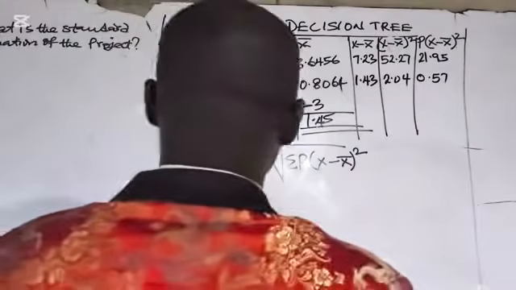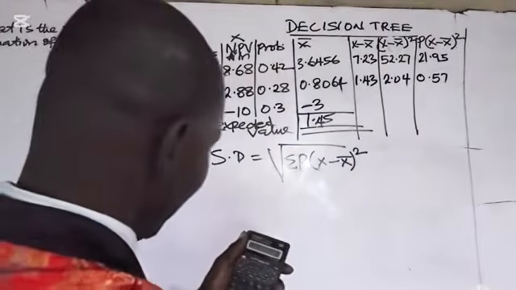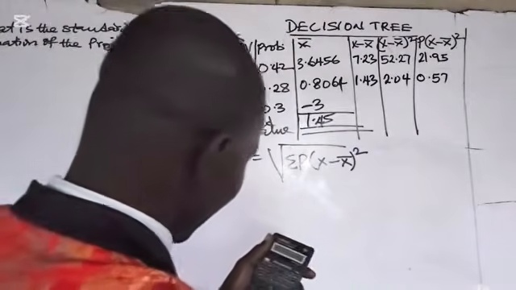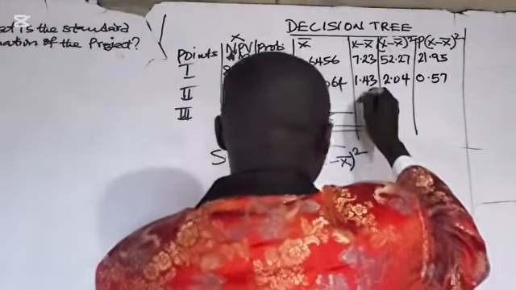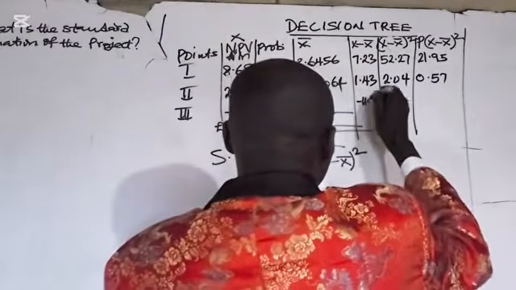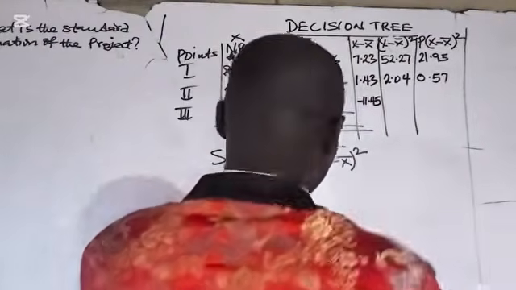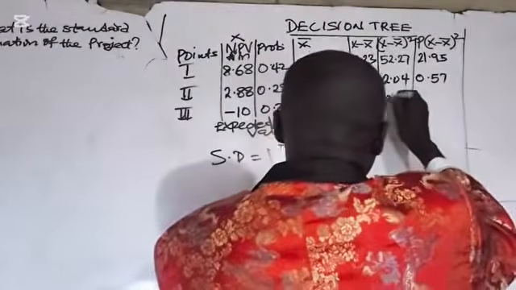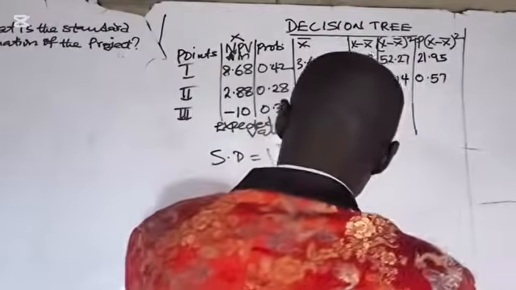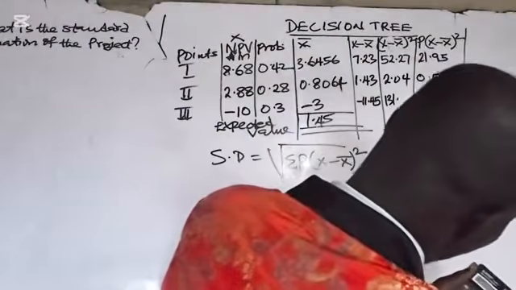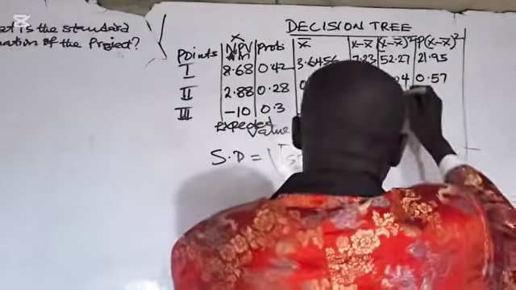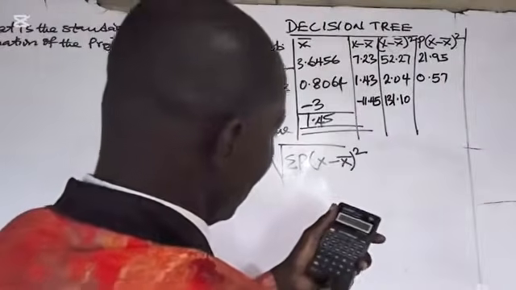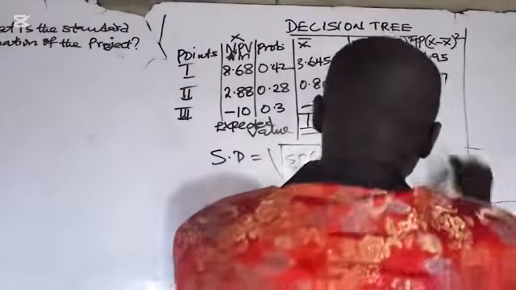Then for the third one, we have minus 10 minus 1.45. That gives us minus 11.45. If you find the square of that, you have 131.10. Multiplied by the probability of 0.3, we have 39.33.